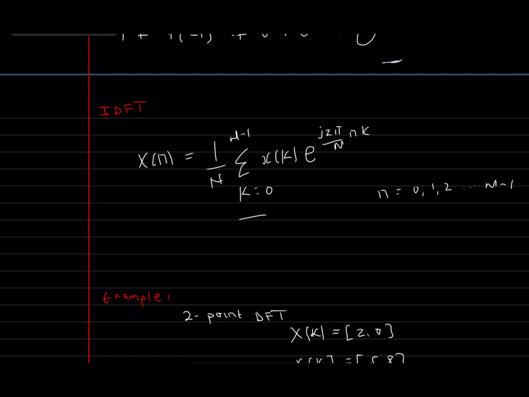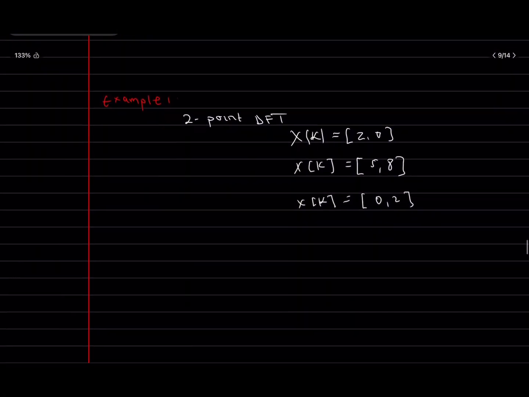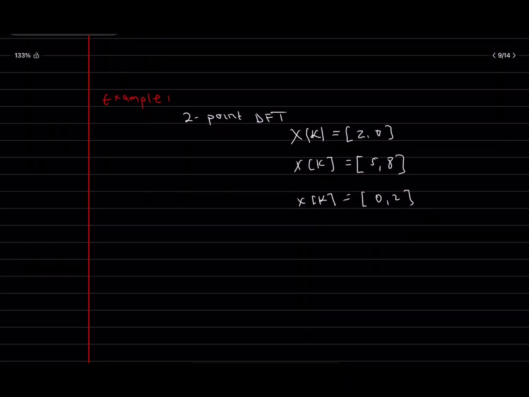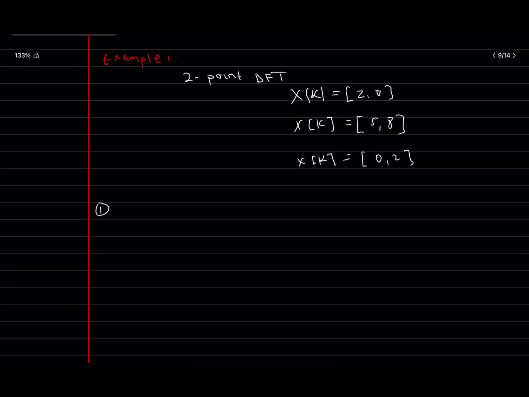Now let's solve some examples. Assuming that you have a 2-point discrete Fourier transform, which is DFT, let's take the first example and solve it. We have X of k equal to 2 and 0.